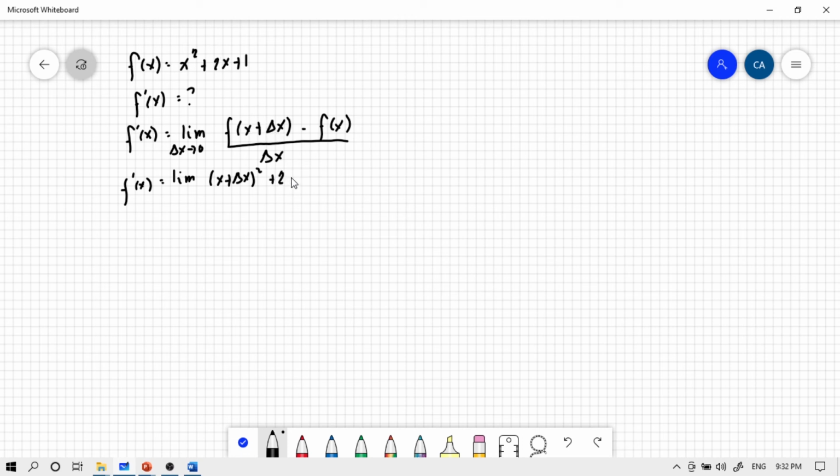So we have 2 times x plus delta x plus yung 1 minus our f of x, which is x squared plus 2x plus 1. Divide by delta x as delta x approaches 0.